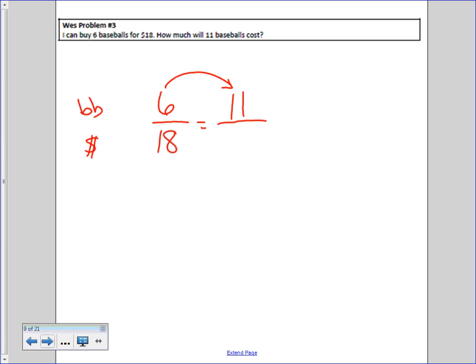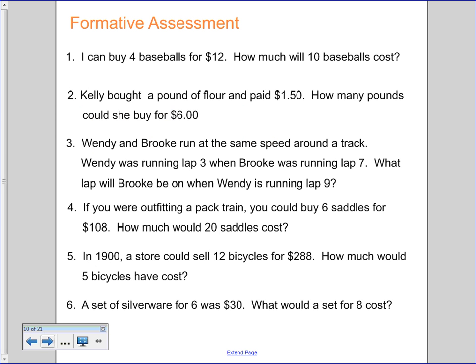You cannot multiply 6 by a nice number to get 11, so I'm not going to go that way. But I like this way. 6 times 3 gives me 18. I do it over here. 11 times 3, 11 baseballs is going to cost me $33. You can do it either the unit rate or the scale factor, doesn't matter.